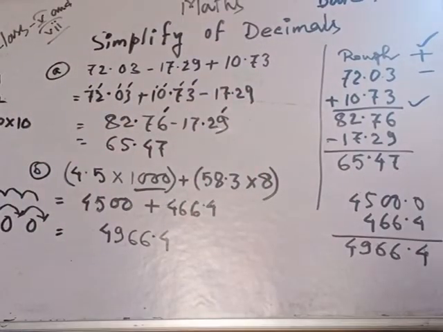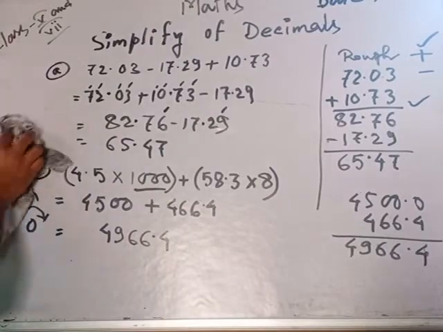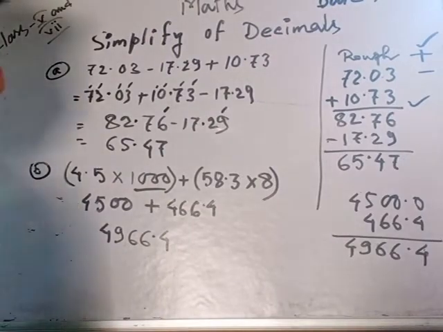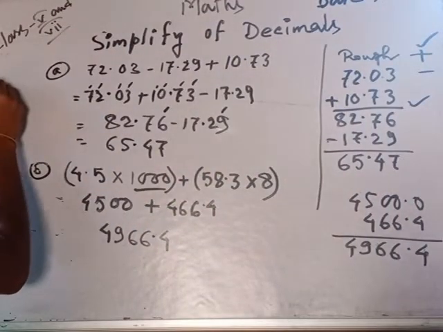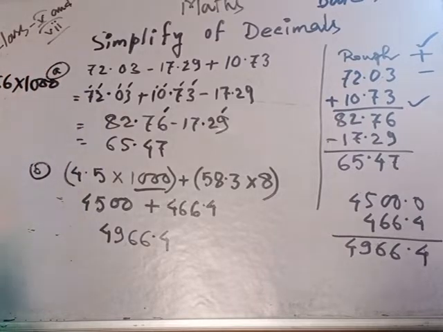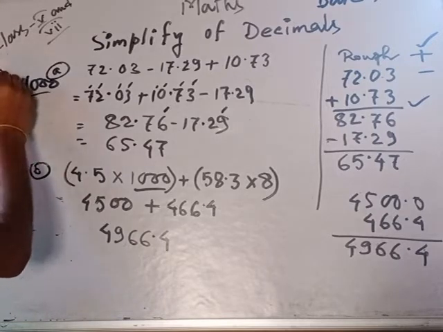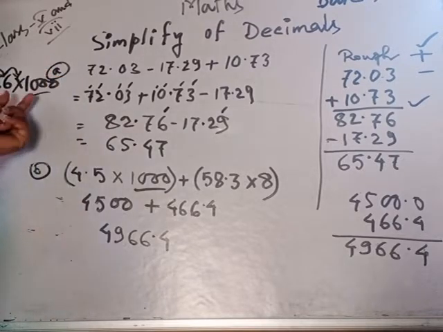Suppose it is 3.756 multiplied by 1000. The point moves three digits. If this number is multiplied by 10, we take the point after one digit.